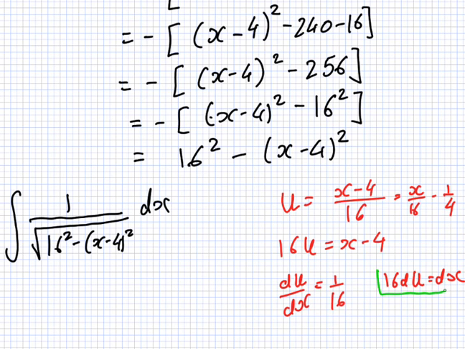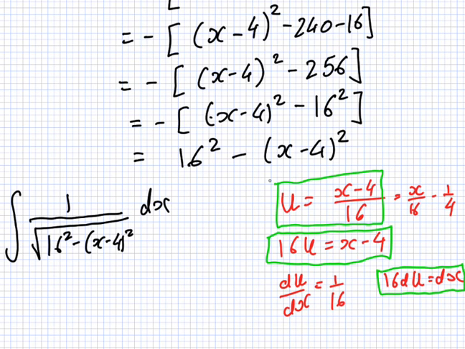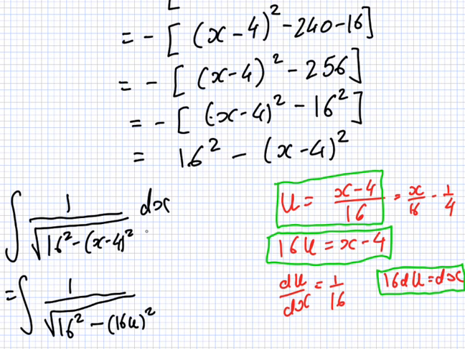So we have this one. It's useful to us. So is this one, and so is this one. So I can go back over here. This will be 1 over square root 16 squared, and notice how x minus 4 is 16u. So this will be minus 16u squared, and dx is 16 du.